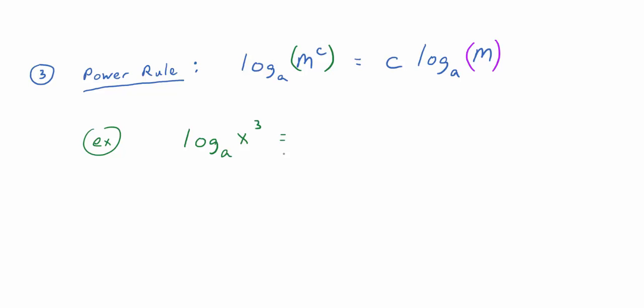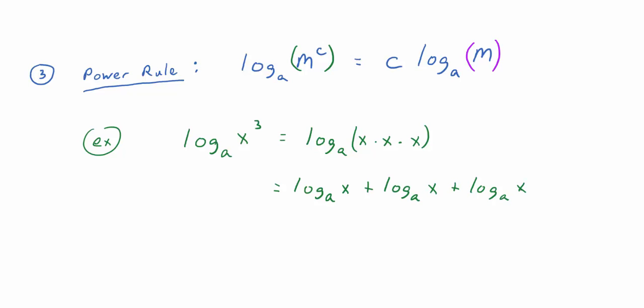So here's what I could do. I could think of it as log base a of x times x times x. Isn't that what x cubed means? But then couldn't you apply the product rule to that a couple of times? And wouldn't this be, you guys tell me, log base a of x plus log base a of x plus log base a of x.